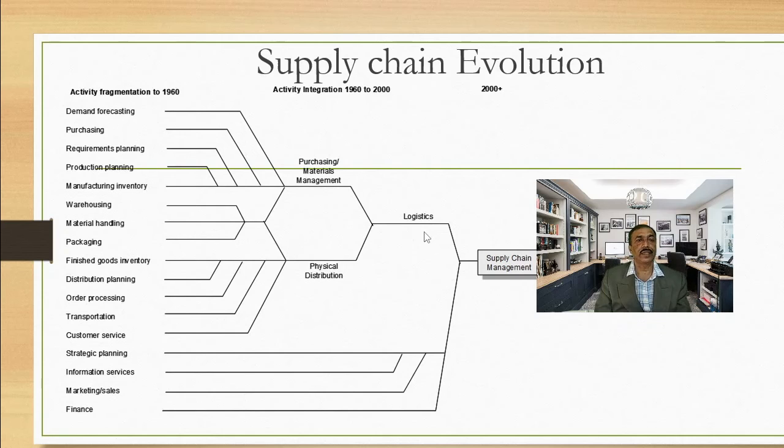And finally, in the year 2000 and after, some additional functions like strategic planning, information services, some part of marketing, sales, and also finance were added to convert it into supply chain management. There are so many sub-functions included to make it more meaningful and to serve the customer in a better way.